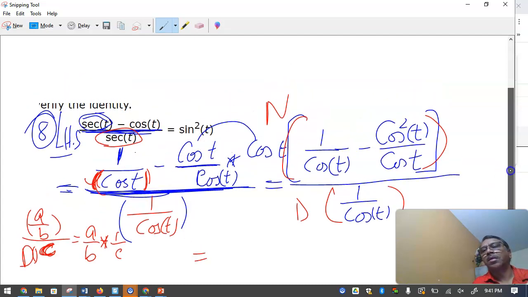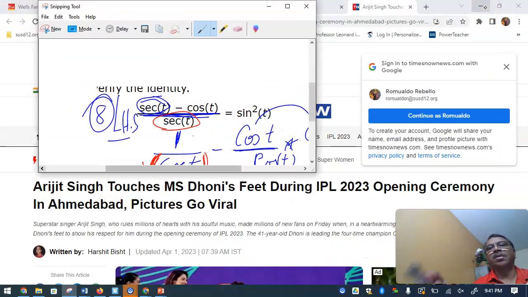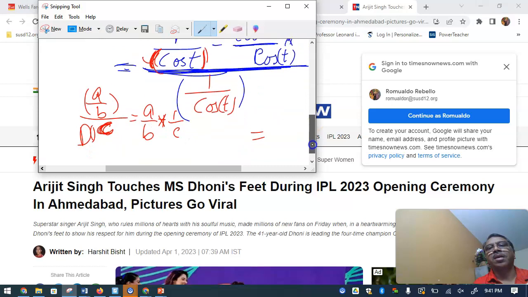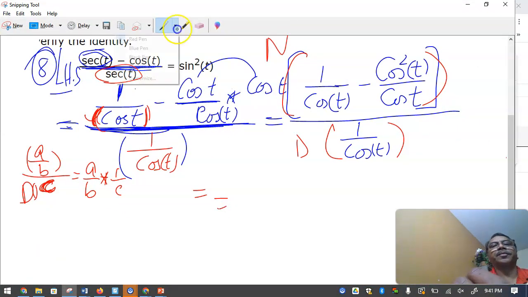So this thing we can write. I think I don't have enough room here. Let me see if I can make it on here. Okay. So this equals, so the numerator, this cosine is the same.